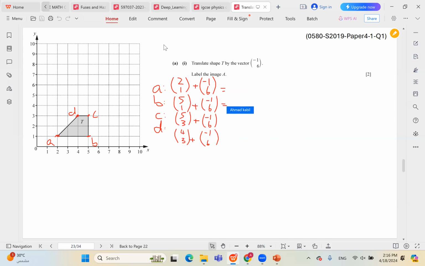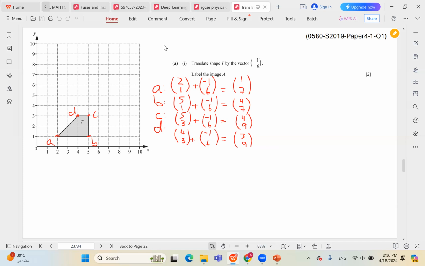And we're going to get the final point for each. So this is 1, 7. This is 4, 7. Here we have 4, 9. And here we have 3, 9. Let's plot them onto the graph.